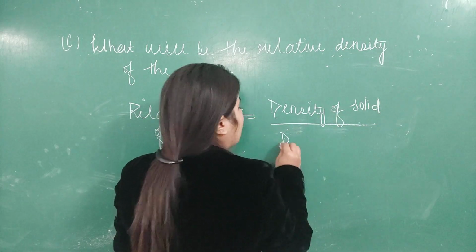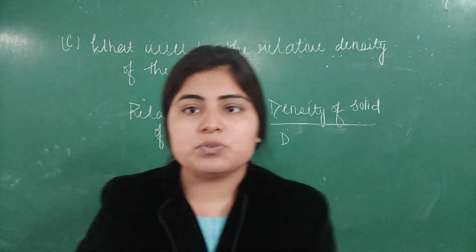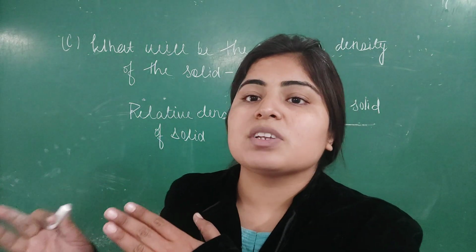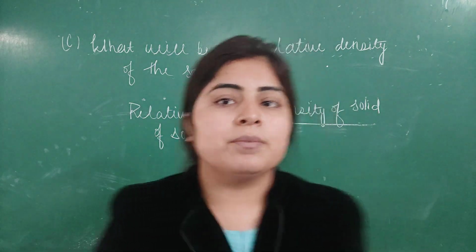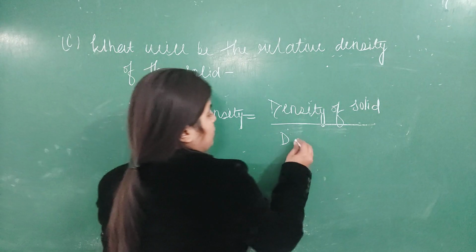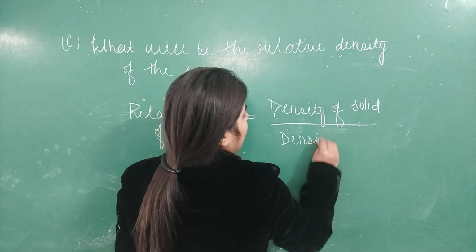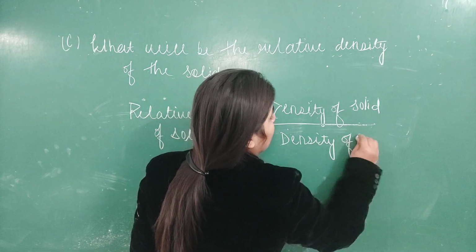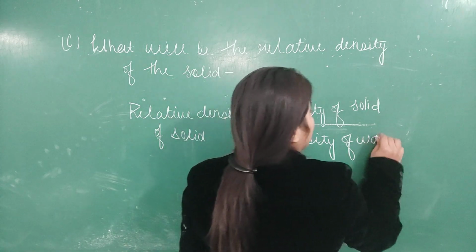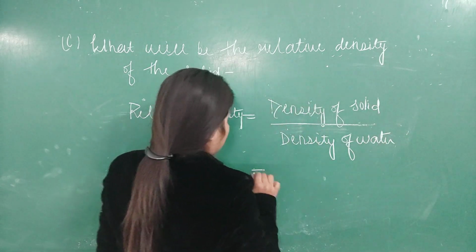Because the relative density of the substance is the density of the substance upon the density of the water. We will put these two values for calculating the relative density.